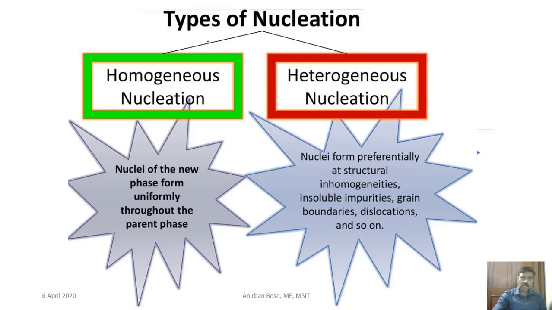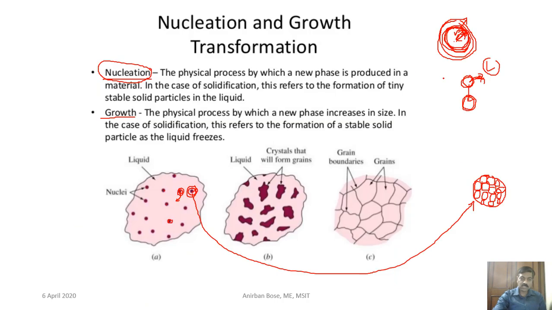Now the nucleation process can be of two kinds: it can be homogeneous nucleation or it can be heterogeneous nucleation. One thing you have understood by this time: suppose in a container some liquid is there, suppose water is there, and you are keeping the temperature of the container very low because your objective is to make ice out of it, or you want to solidify this.